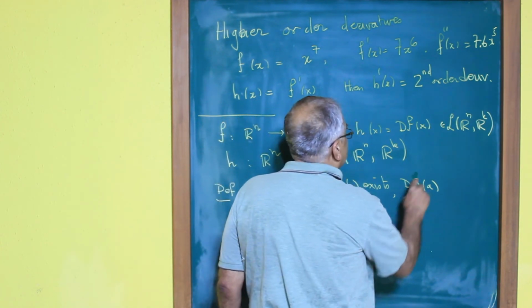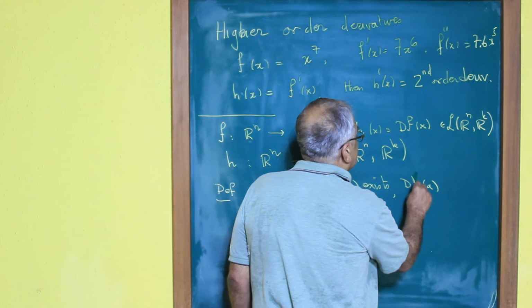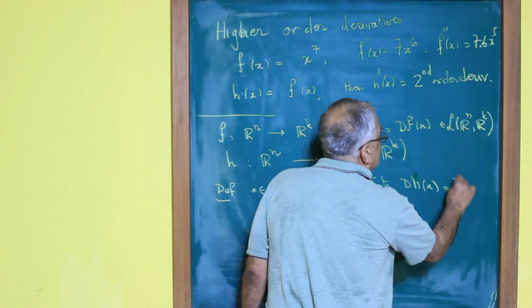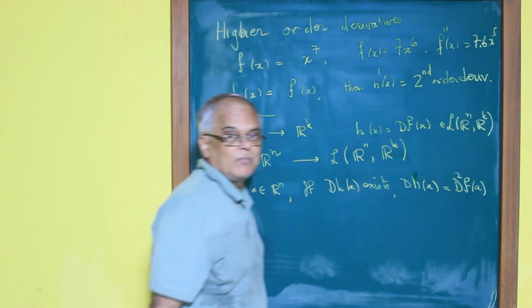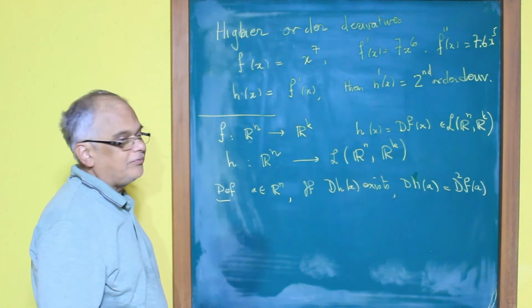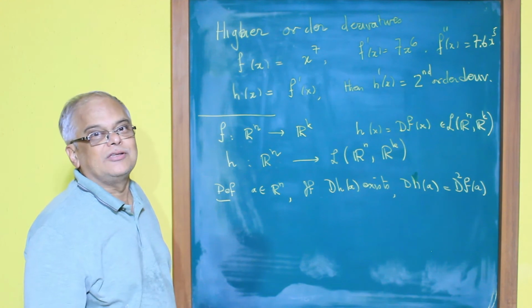The derivative of h at a is called the second derivative of f at a. So the derivative of the first derivative is called the second derivative.